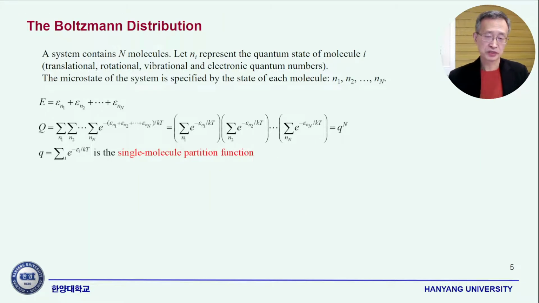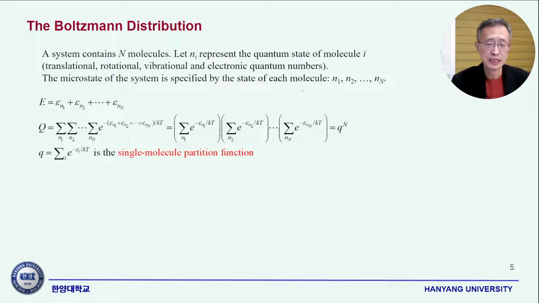There are statistics like Fermi-Dirac or Bose-Einstein, with much detail in the microscopic view, but in general, if there are many available states, then we can use a simplified version, which is the Boltzmann distribution.